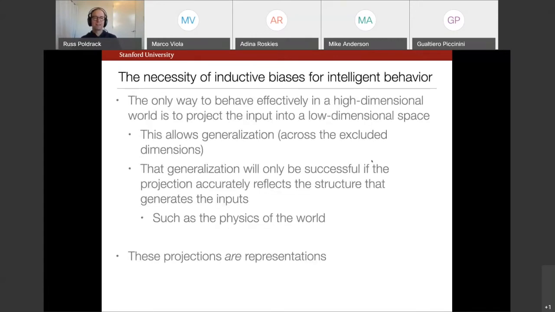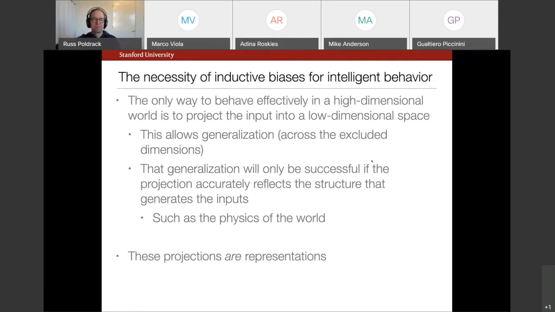What this highlights is the fact that we need a model in order to behave adaptively in the world. One way to think about what that model is doing is providing us with some inductive biases. It's allowing us to project the very high dimensional data from the world into a lower dimensional space. And this allows us to generalize. We're saying all those dimensions that we collapsed over don't matter, so we're going to generalize across those.